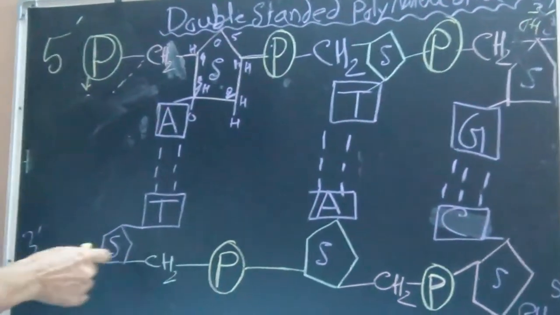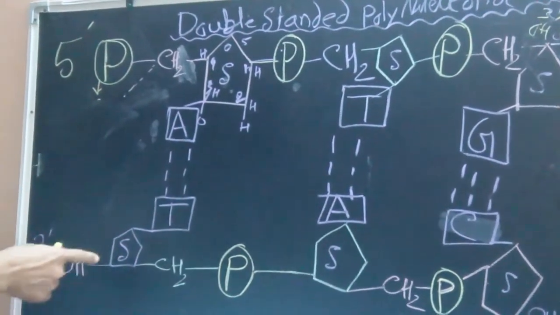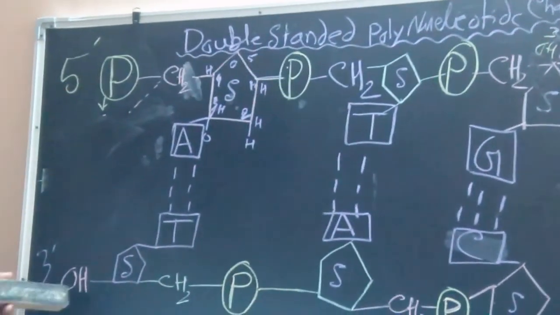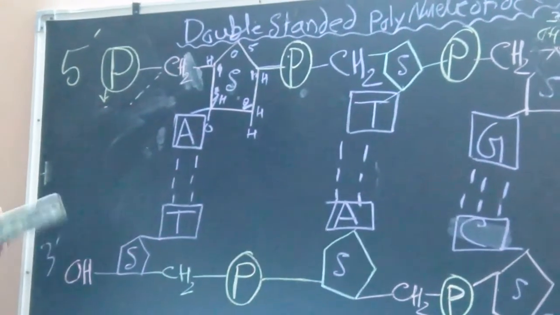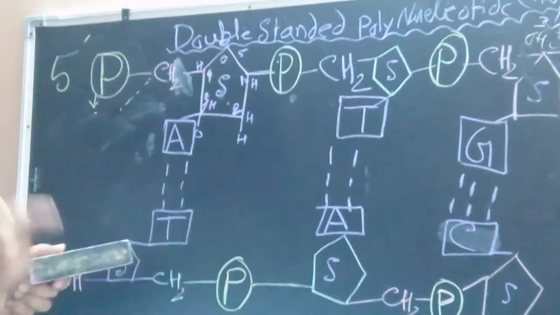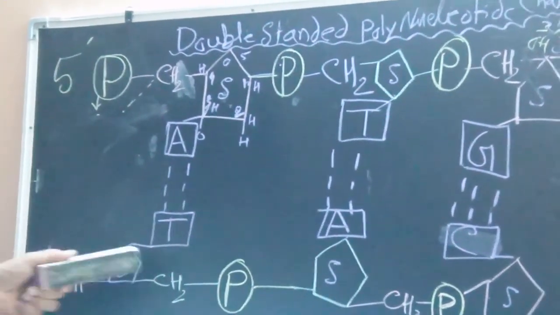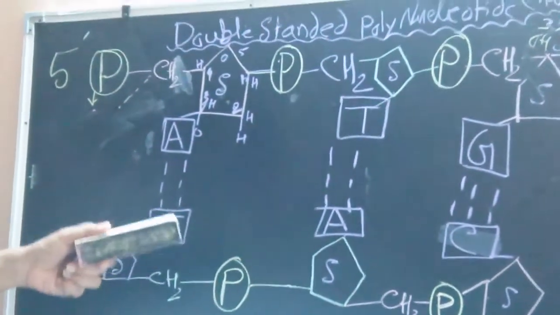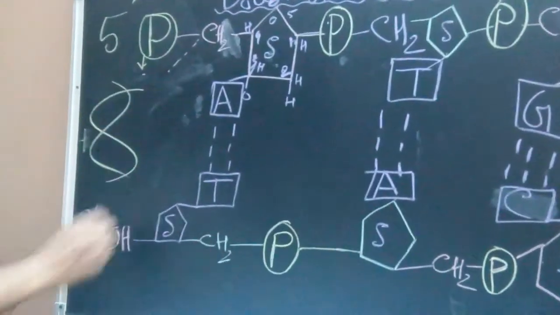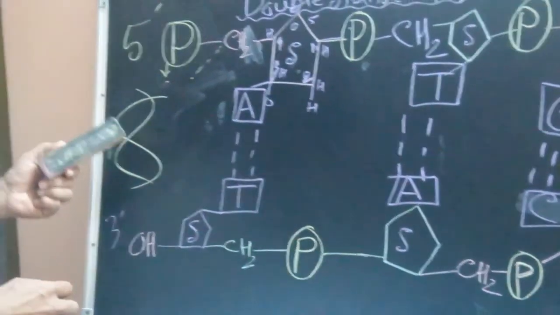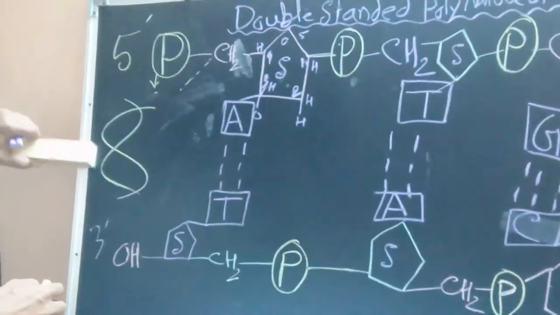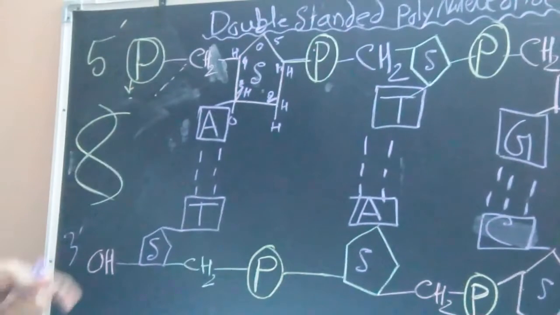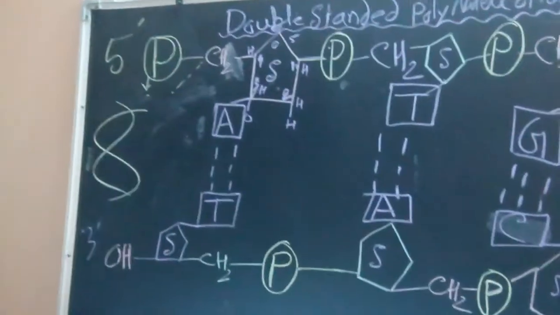In 3' it is also on the same side, but the OH is on the other side. This is the formation of the system. We are bonding these two by the phosphate or phosphoric acid, as we have seen in this structure, the basic structure we read in all our classes according to DNA. That is the basic one. So you carefully observe this one.